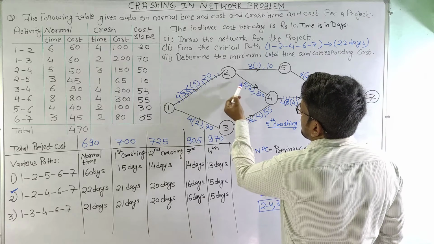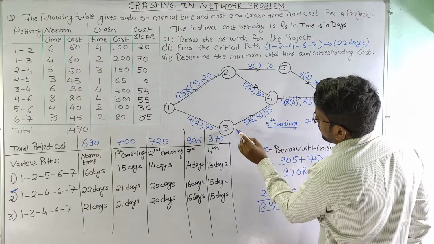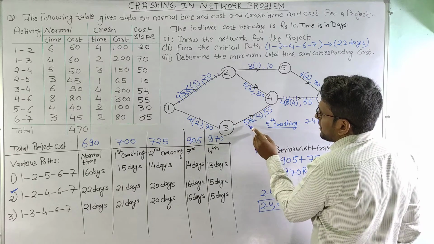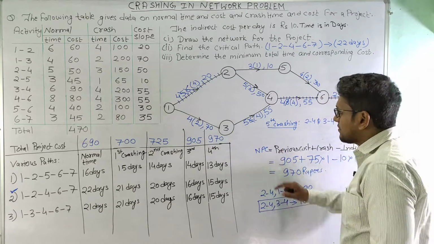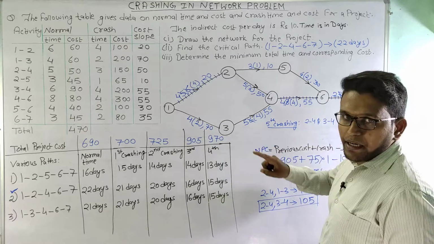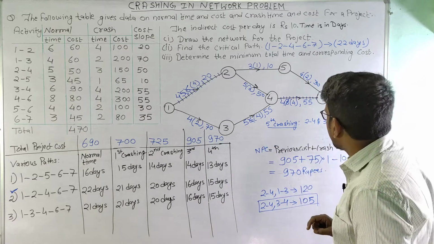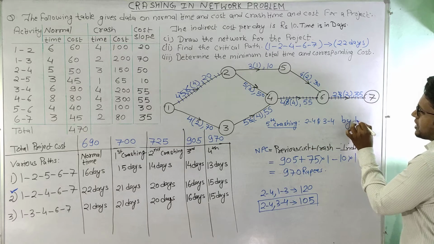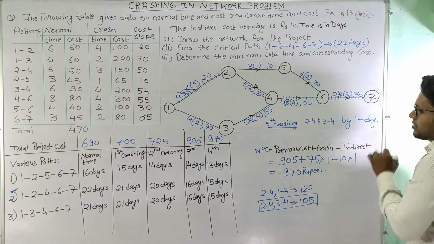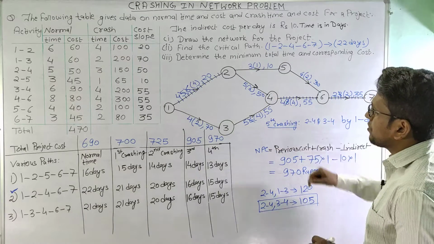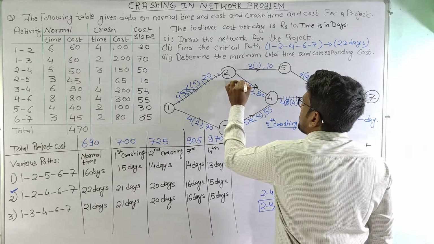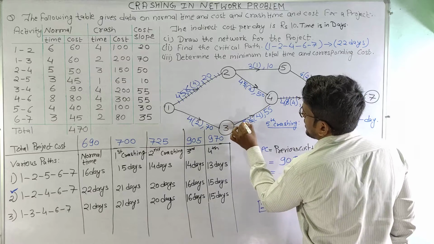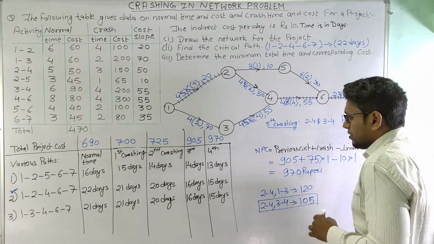So we can crash this activity by 2 days, but for activity 3 4 normal time is 5 and crash time is 4. That means this activity can be crashed by a maximum of 1 day. So we will crash these two activities by 1 day only. So the time here will become 4, and here also it will become 4.